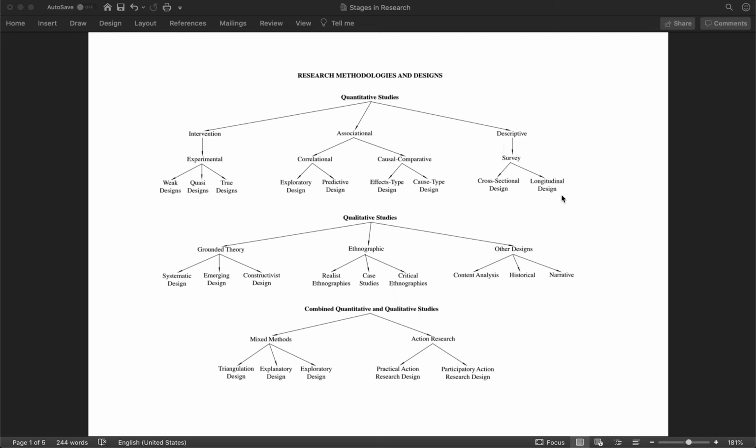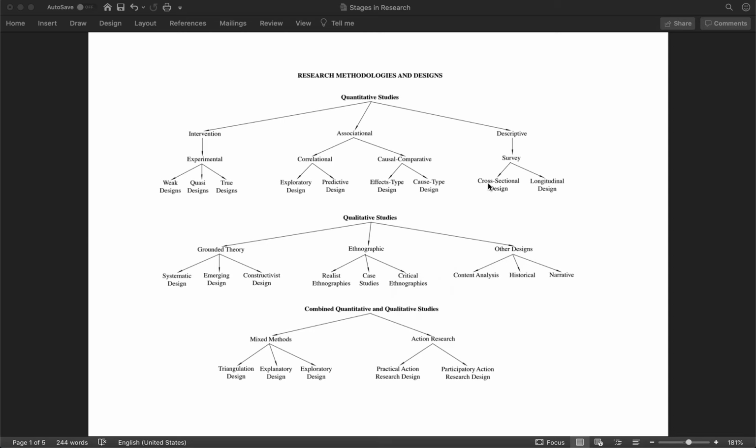So your cross-sectional or longitudinal design: your cross-sectional design would be basically the moment that you collect the data and just look at it from that snapshot of time, whereas your longitudinal design will be over time. You'll be collecting data over, let's say, a year or 2 years, and so on and so forth.